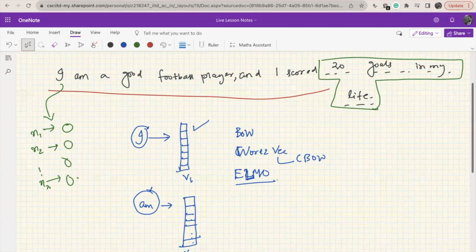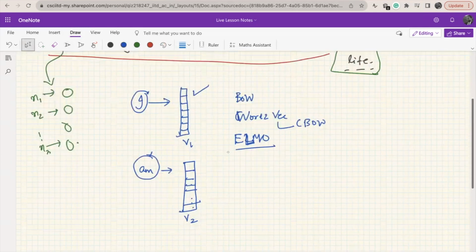These vectors are so meaningful that if you take the vector of king, subtract the vector of man from it, then add the vector of woman to it, you'll get the vector of queen.